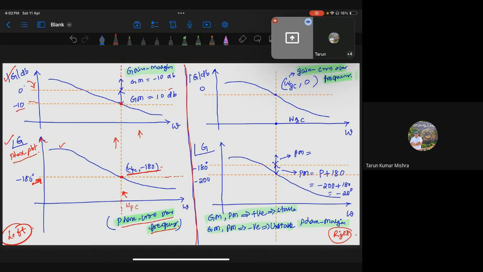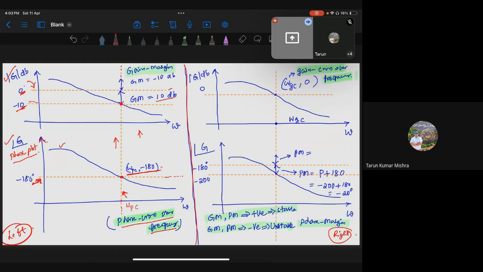So how far is it from the 0 dB line? The 0 dB line is 10 dB above this intersecting point.